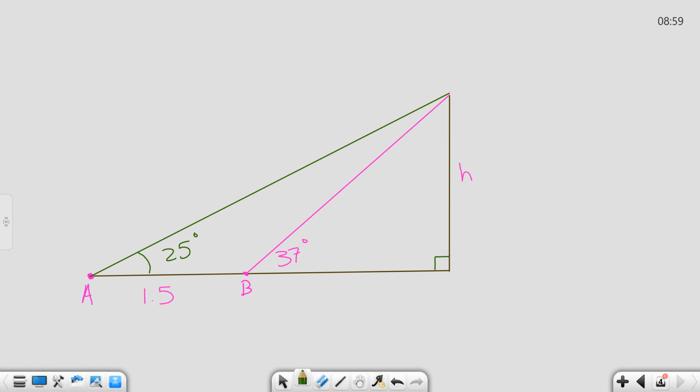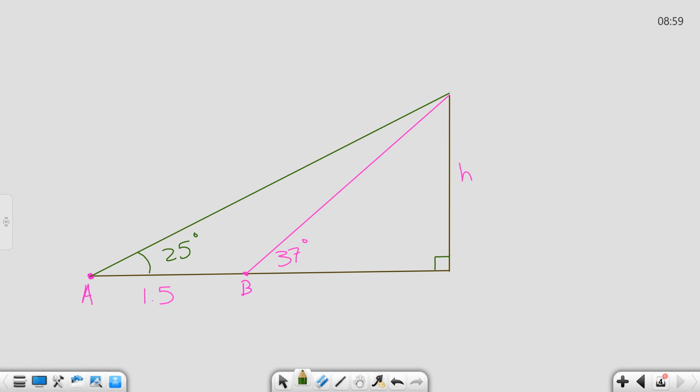3. There are 3. Of those 3 triangles, how many of them are right triangles?